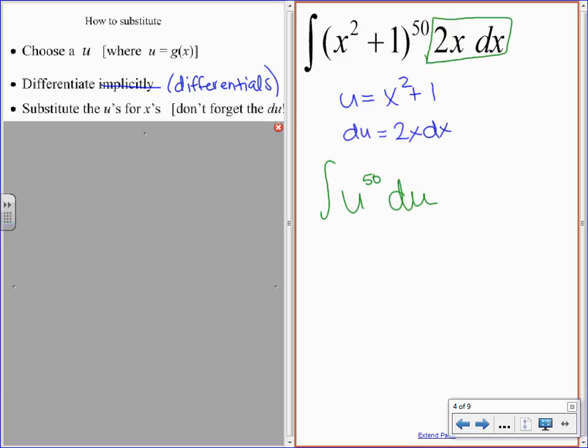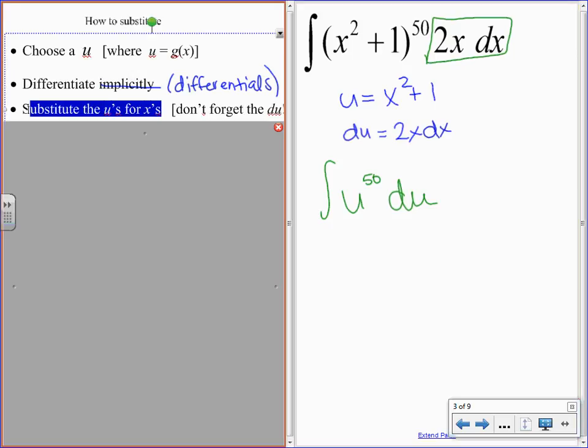No, but you define u in terms of x, so instead of in terms of x, I want it to be in terms of u. Would you like me to rewrite my instruction? There we go. Okay, that's much better.